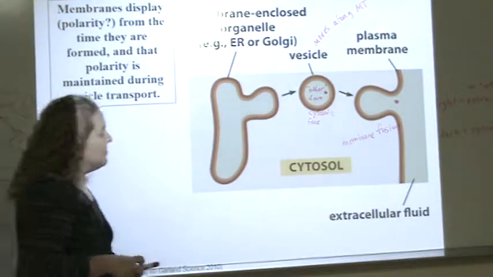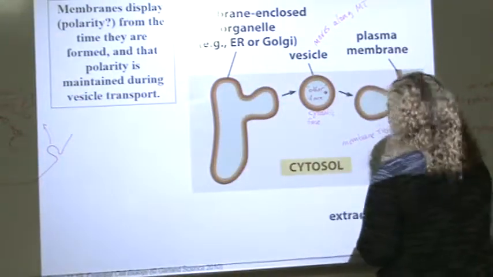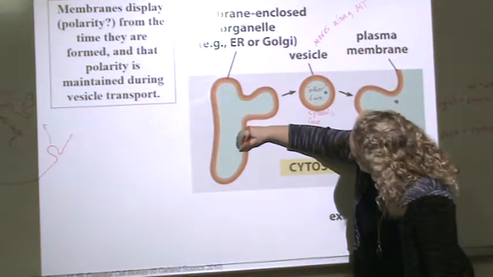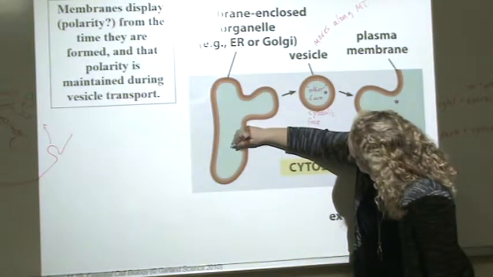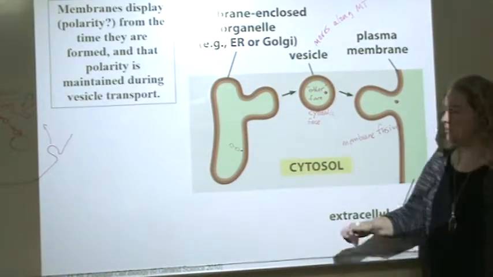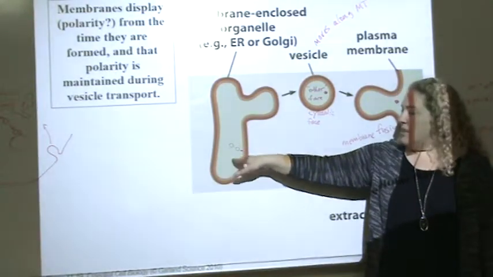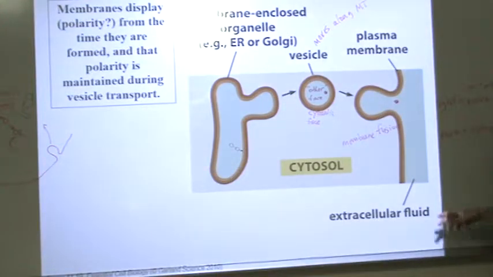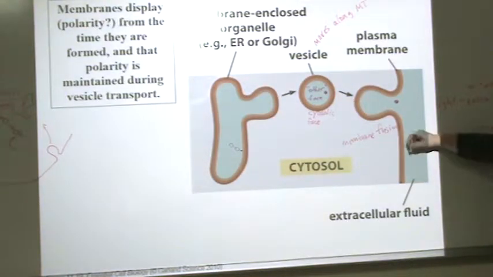The other thing I want to draw onto this picture that's really important is that if we have phospholipids here that have sugar chains, so I'm drawing a sugar chain. Sugar chains that are made in the interior of the ER end up on which side of this? Out. They stick out. I'm not good at drawing.